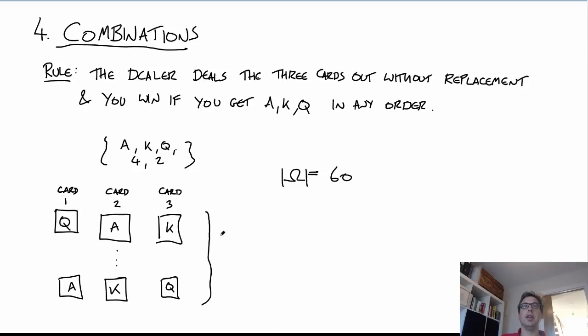So the number of ways of winning here is exactly as we calculated before when we were looking at the factorials. The number of hands here that win is equal to 6.